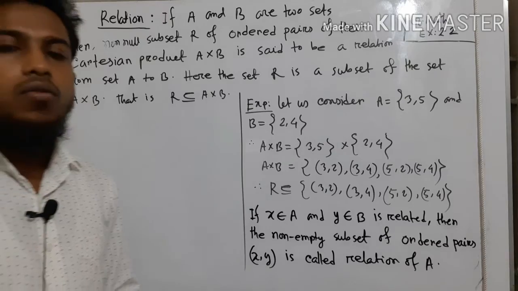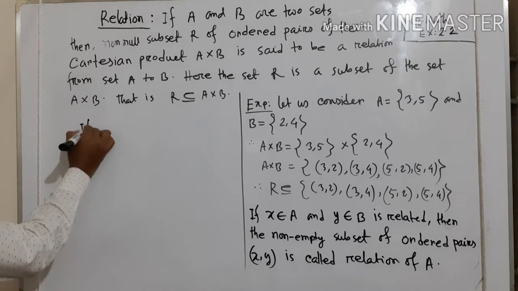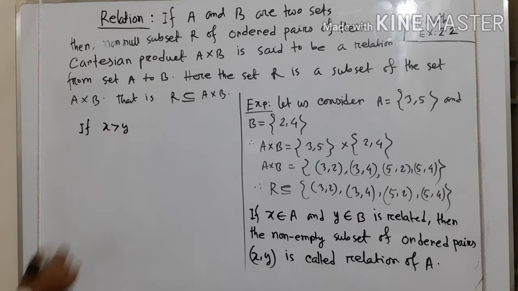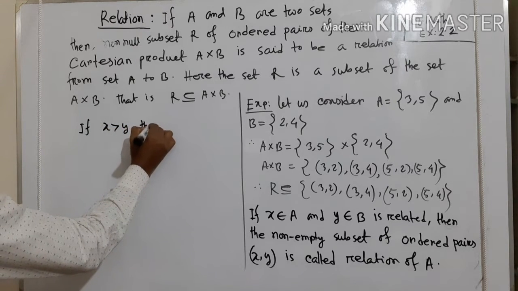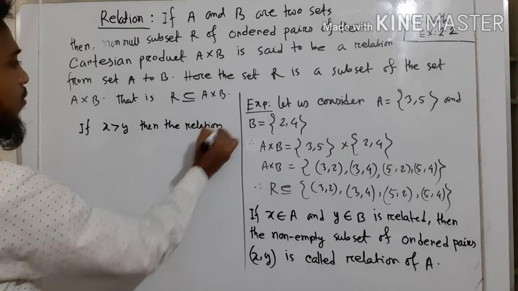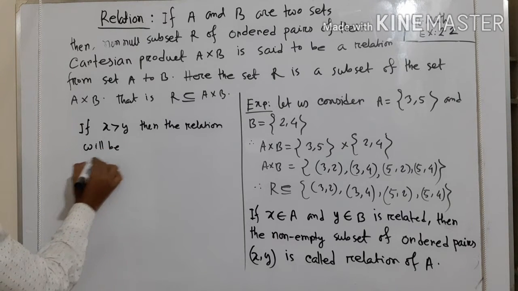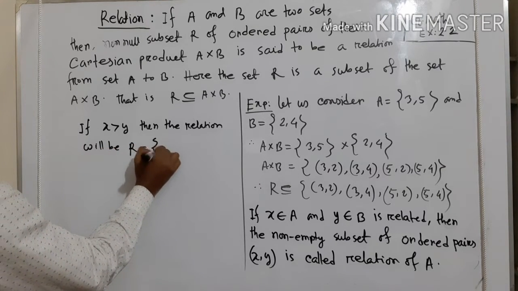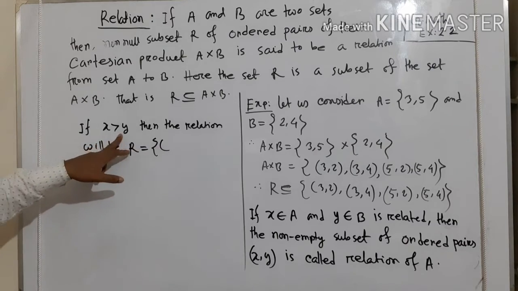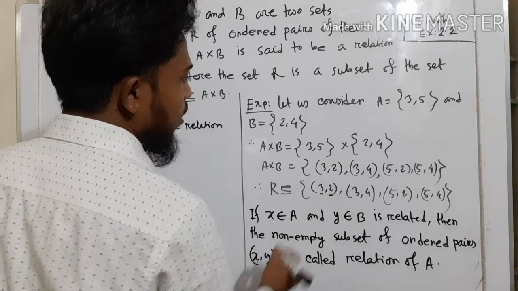Dear student, now I will give you some conditions of this relation. Look, if x is greater than y, then the relation will be R equal to, here x is greater than y. Suppose 3 is x and 2 is y.